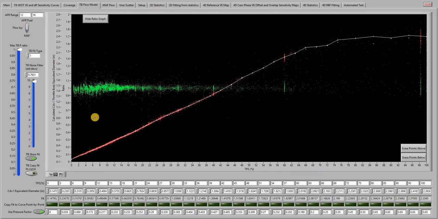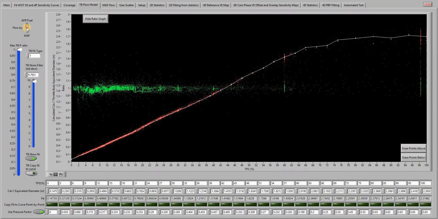But you can see there are some subtle differences when you switch between the air fuel and the mass flow model for the airflow estimation. You can see it more clearly on the ratio graph, and you can choose to hide it or turn it on.